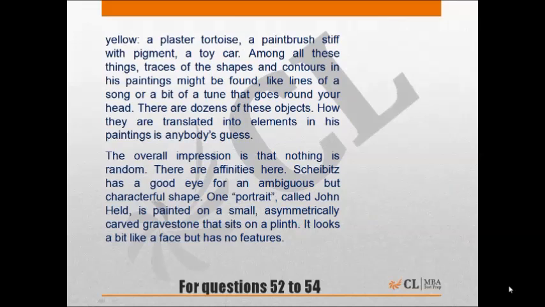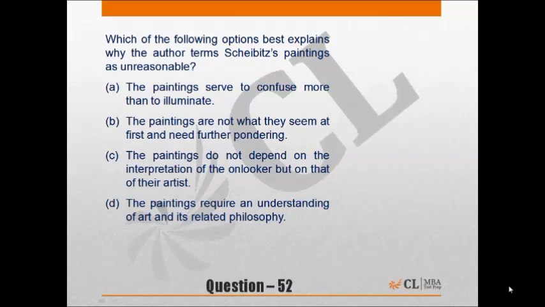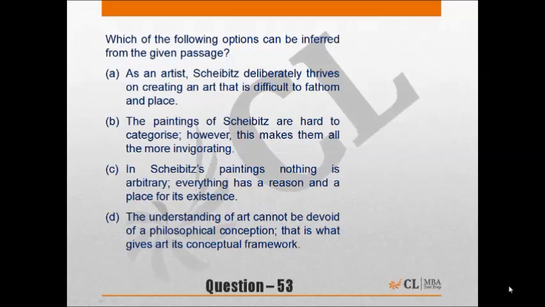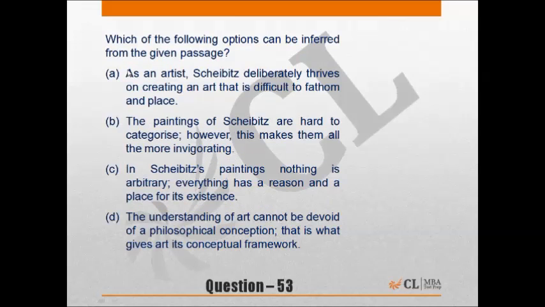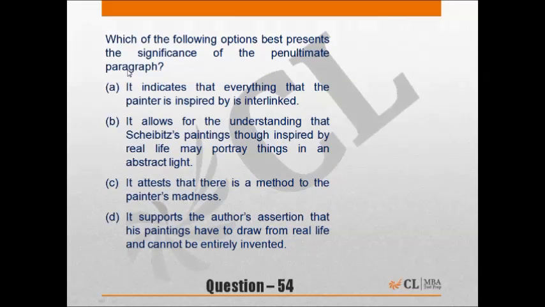In fact, while reading the paragraph, I was a little bored, and hence I thought let me just quickly have a look at the questions and see what is required. When I looked at the questions, I realized the first question asks why the author terms the paintings as unreasonable. Question 53, which of the following can be inferred from the passage?